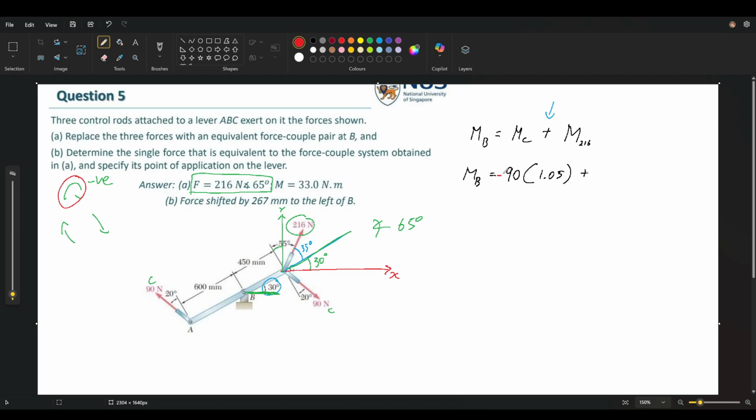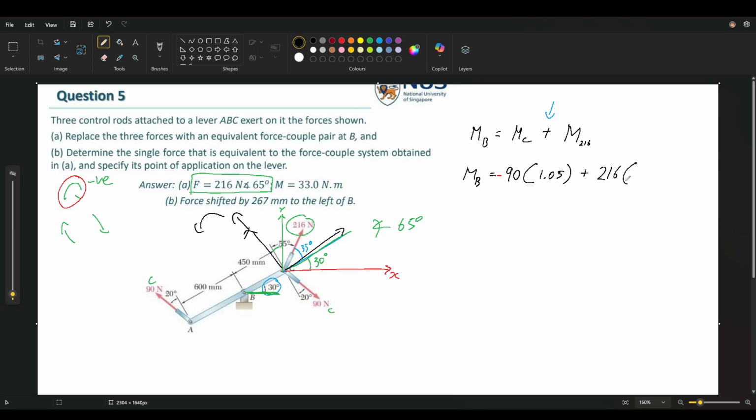Meanwhile, our 260, if we were to draw the lines, is exerting force in this side, perpendicular and parallel. In this case, it's going this side, which is anti-clockwise, which is positive. So we can keep this plus sign. So moment about the 260 is positive.